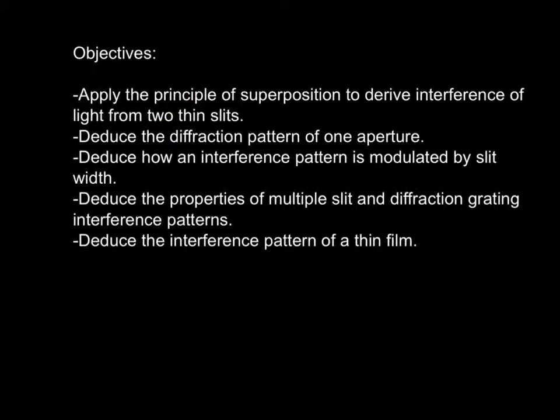Then we deduced how the diffraction would modulate the interference pattern of two slits. Remember that there was the diffraction pattern, and then the other one followed that pattern. And then finally, we deduced what happens when you have multiple slits and a diffraction grating, which is just lots of slits put together. And we just did the interference pattern of a thin film, which is maybe the hardest part, and I will make you reduce it in class.